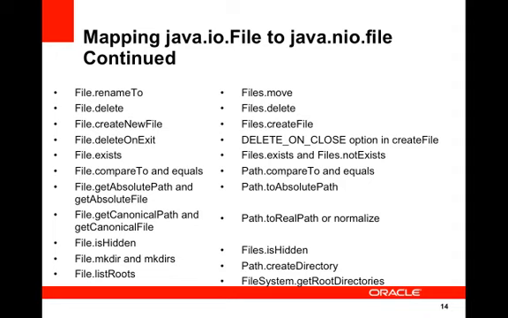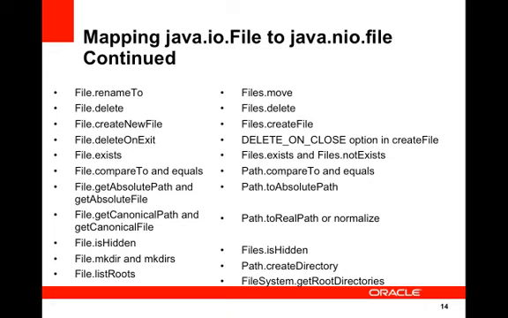Continuing on to the next page here, this is where it gets a little simpler. renameTo becomes Files.move, delete becomes Files.delete. createNewFile becomes Files.createFile. deleteOnExit, well, this one's a little different. We can do a DELETE_ON_CLOSE option in createFile. exists becomes Files.exists or Files.notExists. compareTo and equals, Files.compareTo and Path.compareTo.